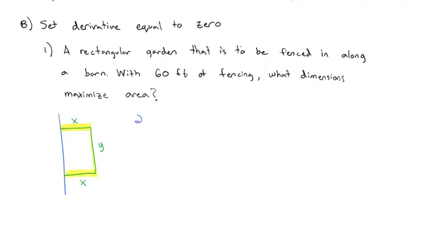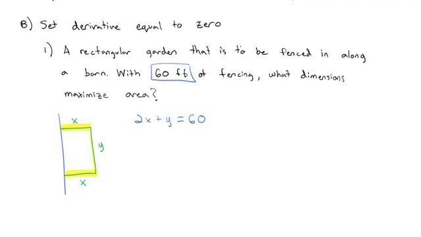Put that together, we've got 2 x's plus a y of fencing. And we know we're limited by only 60 feet of fencing. This equation limits or controls how much I can have because it tells us the maximum perimeter distance around has to be 60 between the 2x and the y.